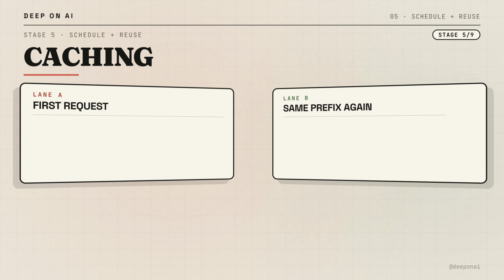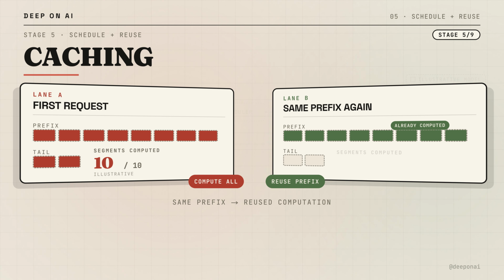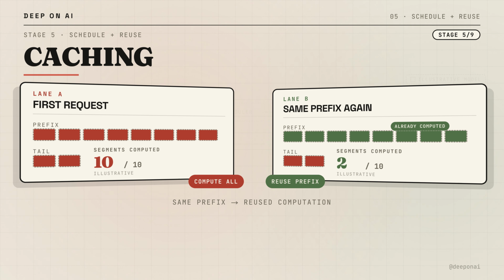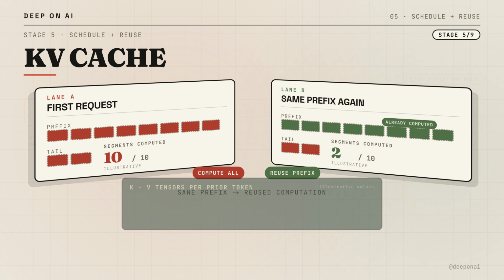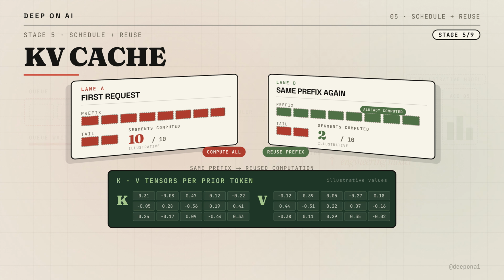When requests share the same prompt prefix, the system can route them toward servers that recently processed that prefix and reuse intermediate computations. The technical object often discussed here is a KV cache, short for key value cache. During attention, the model produces key and value tensors for prior tokens. Saving those tensors means it does not need to recompute the entire prefix for every new generation step.